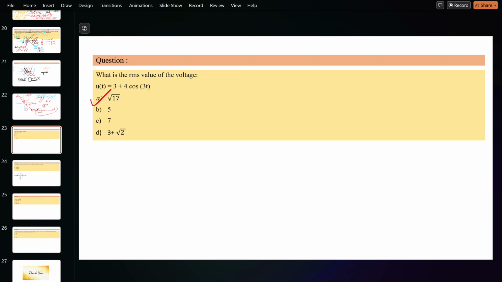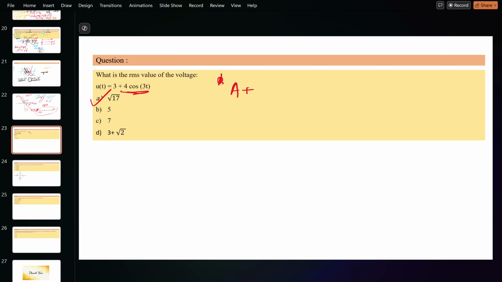So let me give the solution. Listen here. In this question, the RMS value, when the same frequency components are there, suppose there is one DC component.